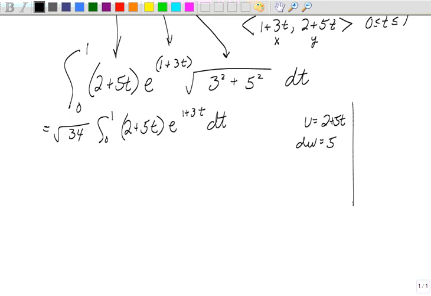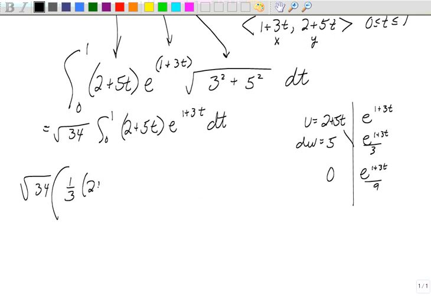And we keep taking the derivative on this side. Here we're going to integrate. We multiply in the diagonal. So this is going to be square root of 34, 1/3, 2 plus 5t times e to the 1 plus 3t minus 5/9 e to the 1 plus 3t, 0 to 1.